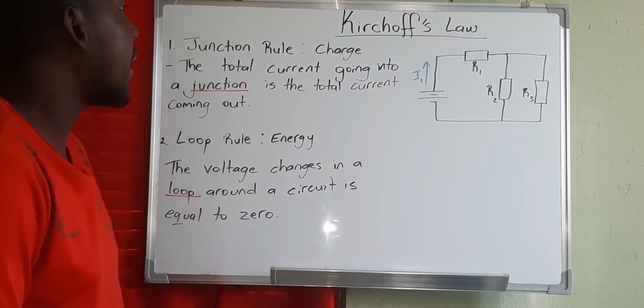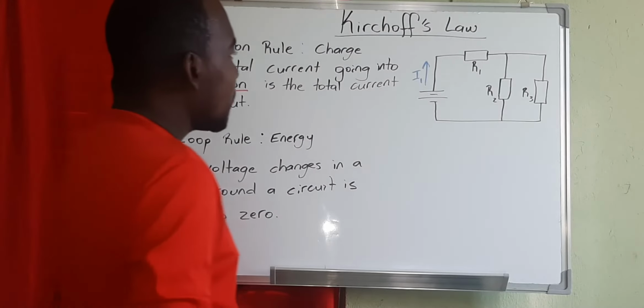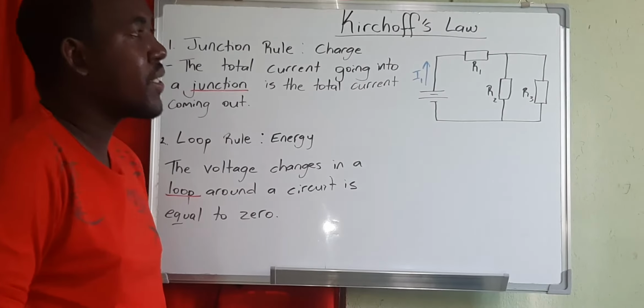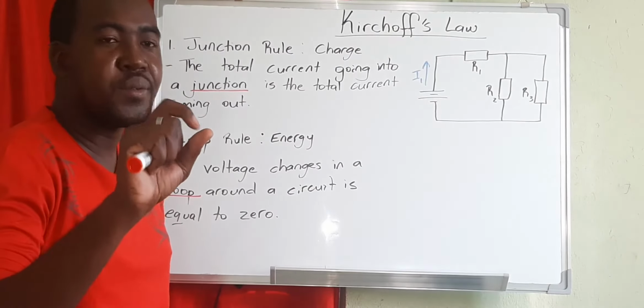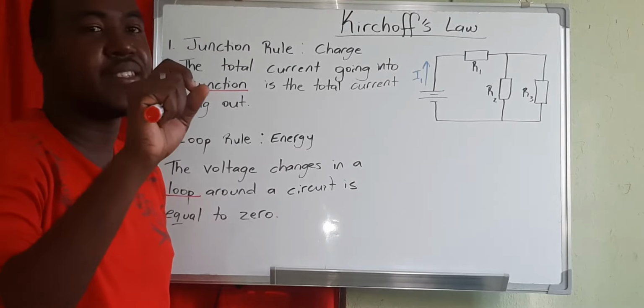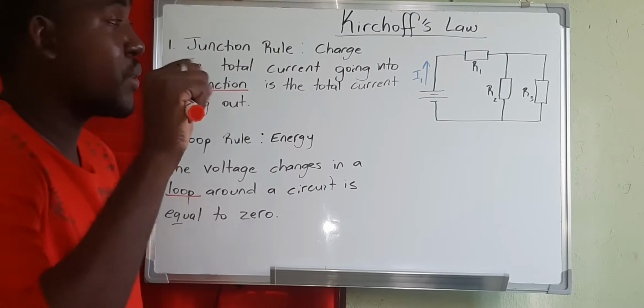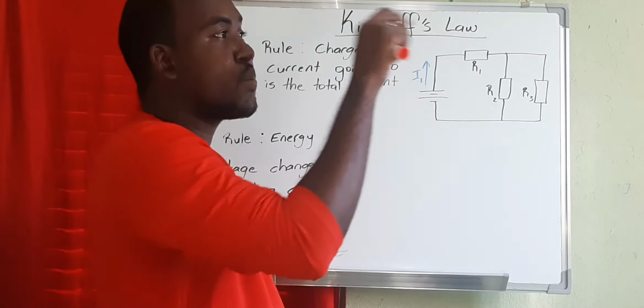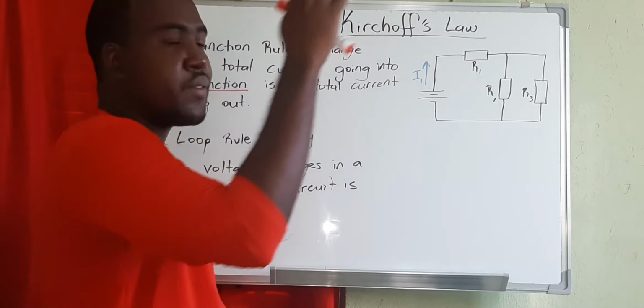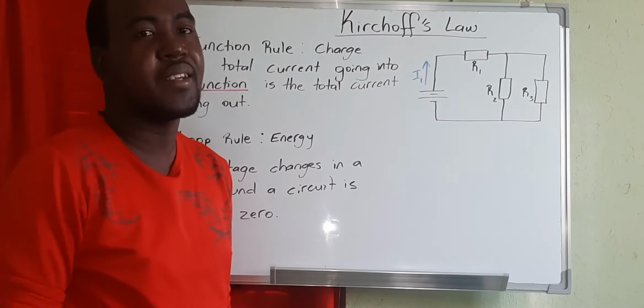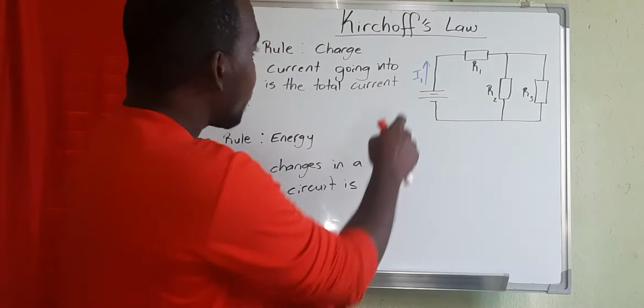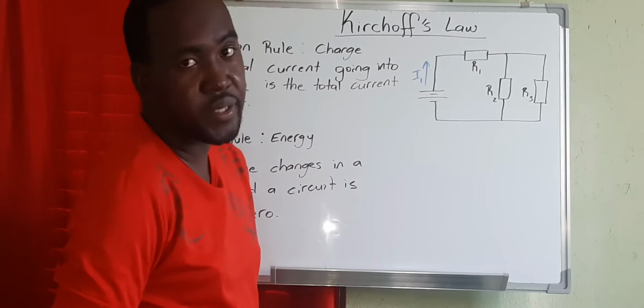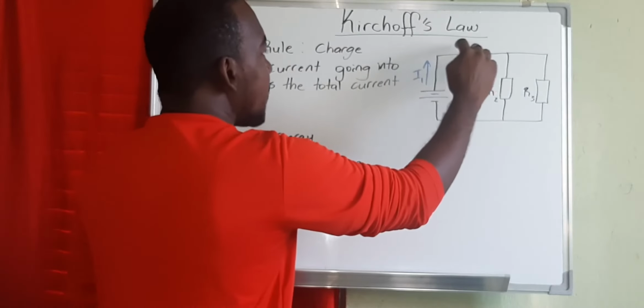Let's first define what a junction is. A junction is the point in a circuit where current, when it reaches that point, has to split. So when current reaches a point, it's going to split between wires. Some travels one way, the other travels the next way. If we look, we have I1 being produced by the battery, going through R1.